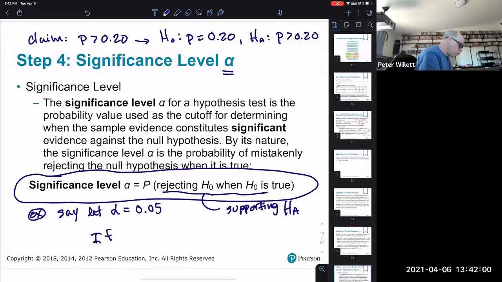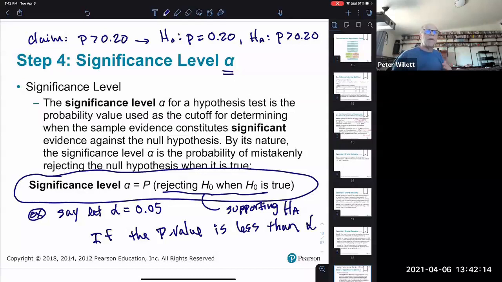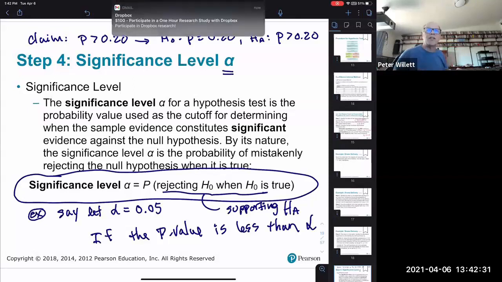If, this is the rule of thumb, if the p-value is less than alpha, in this case, if my p-value is 2%, and my alpha value of significance is 5%, well, then that's low enough of a chance that my sample would come out this significantly high a proportion. That's low enough of a probability that I don't think it was by chance. I think that it is really more than 20%.